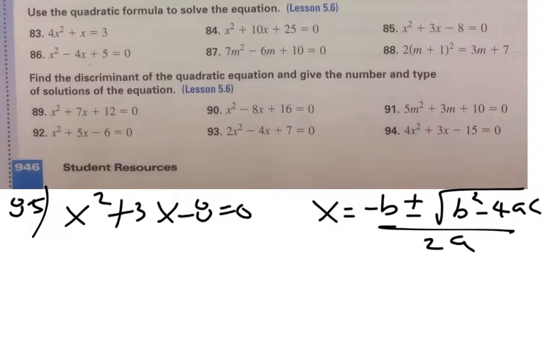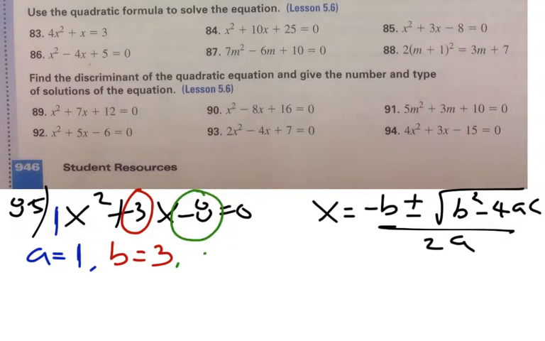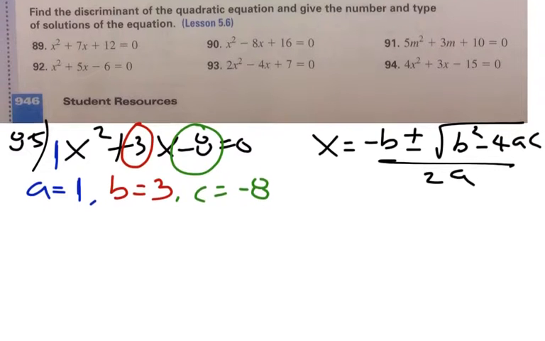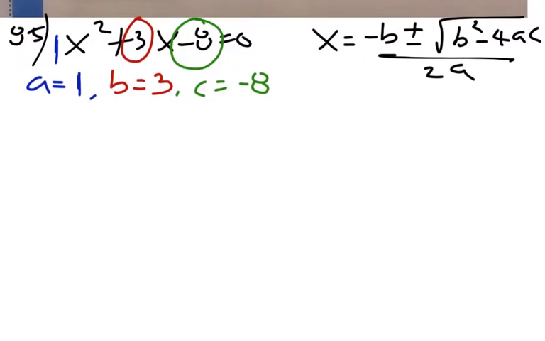Now, a is whatever is in front of the x squared, which in this case is 1. B is whatever is in front of the x, which in this case is 3. C is my constant, so c is -8. Now we just need to plug it in. So x equals -b.